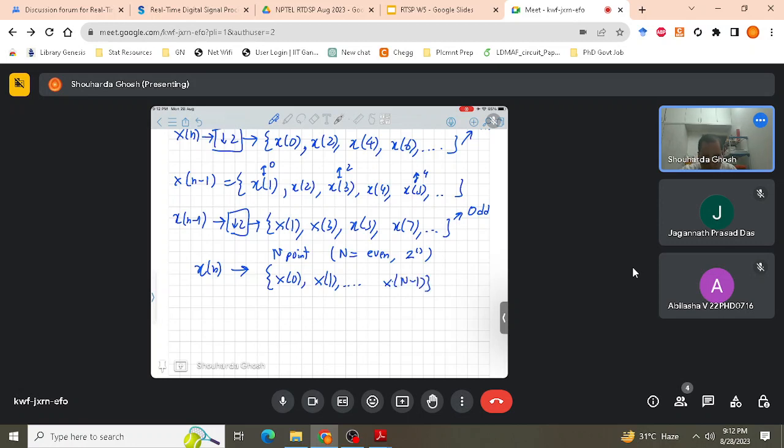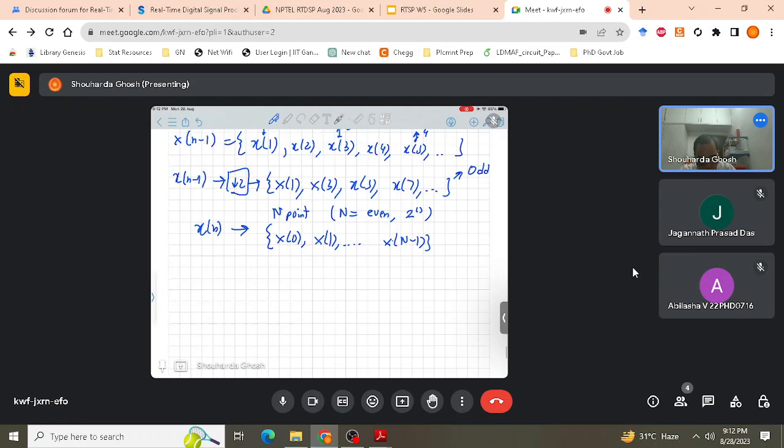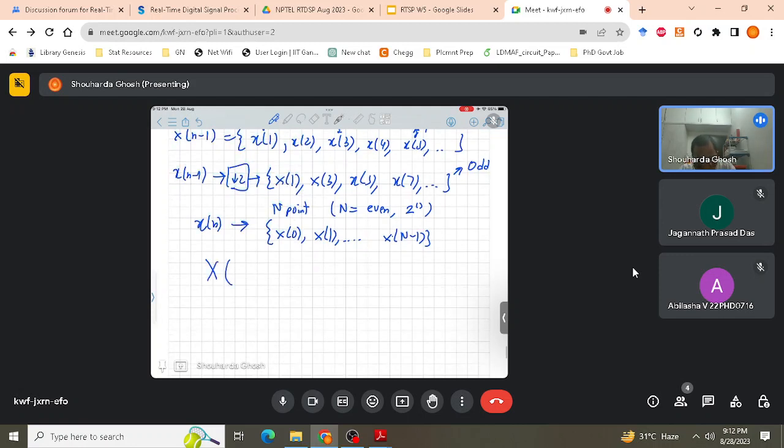Now I want to calculate its DFT. So how do I write our very old formula? By now I think you have it in your mind. n will be 0 to N minus 1, x of n, W_N, here also. Okay. Now what do I do? I try to break this x of n into two parts.